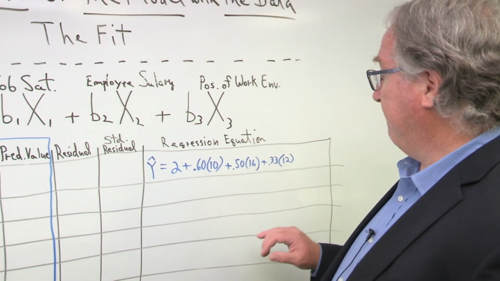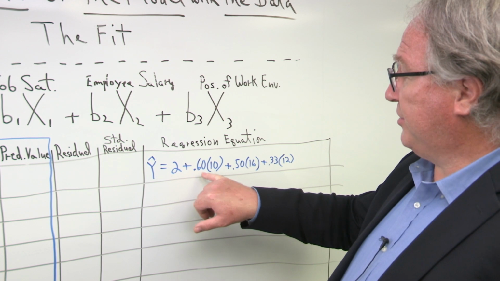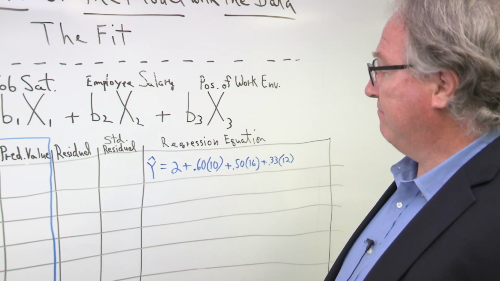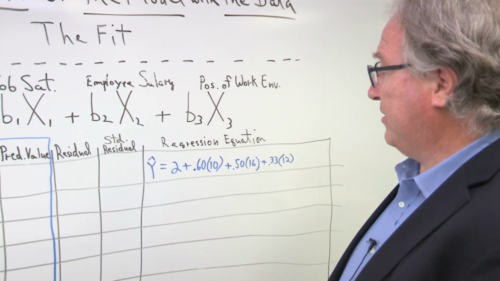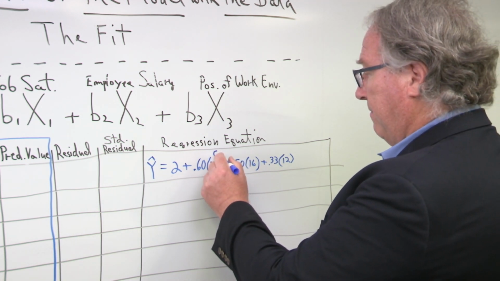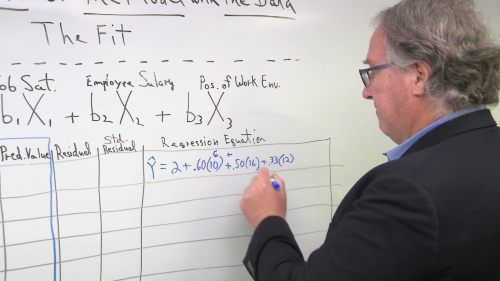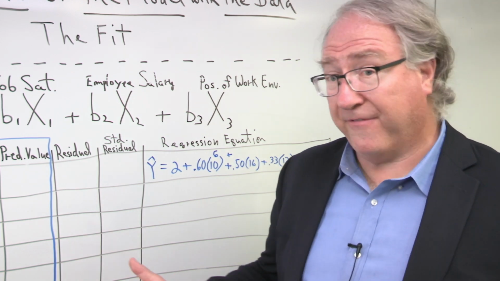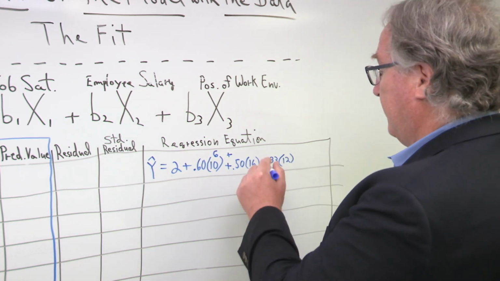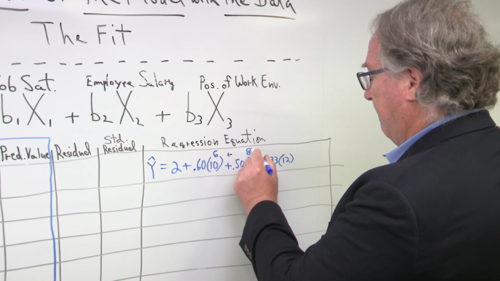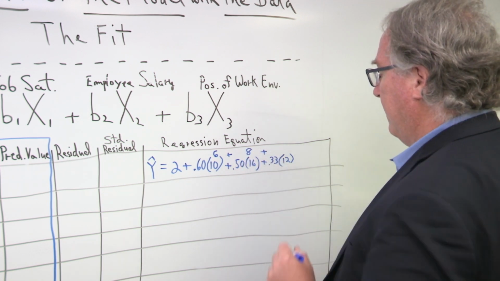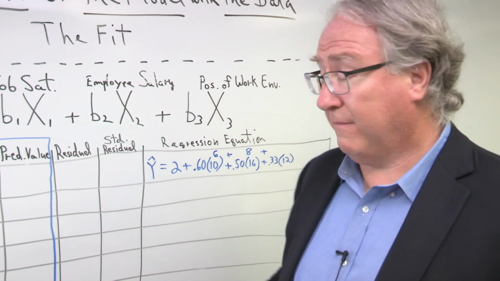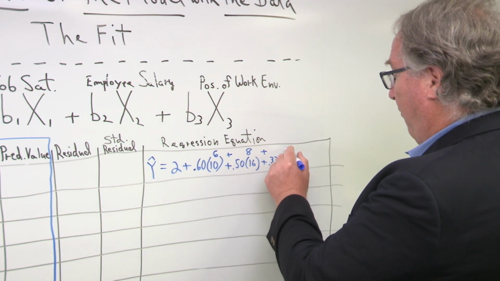So let's see, what would it be? Well, 0.60 times 10, that's equal to 6, plus 0.50 times 16, that's half of 16, so that's going to be 8. And then 0.33 times 12, well, that's 1/3 of 12, so that's going to be 4.